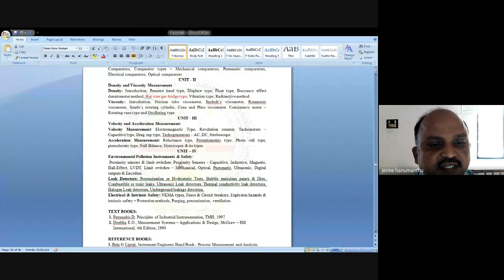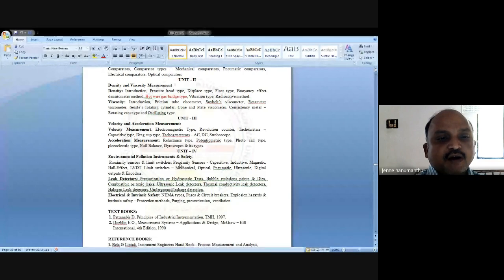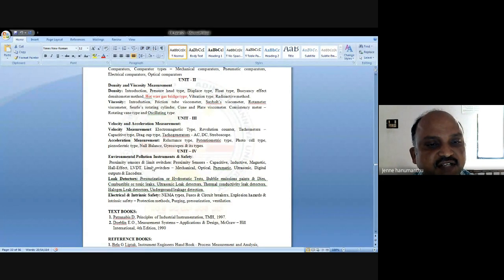The last chapter of this Industrial Instrumentation 2 comprises three major concepts. The first concept is the instrumentation available for measuring environmental pollution. For example, the instruments available for this are the proximity sensors and limit switches.